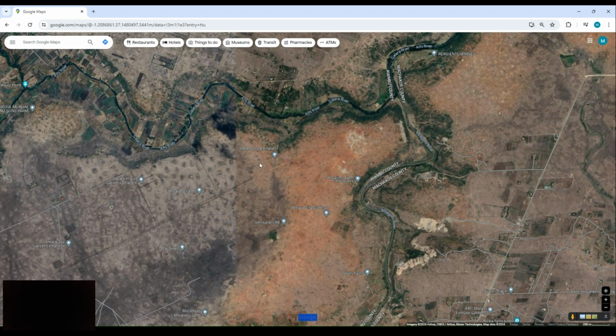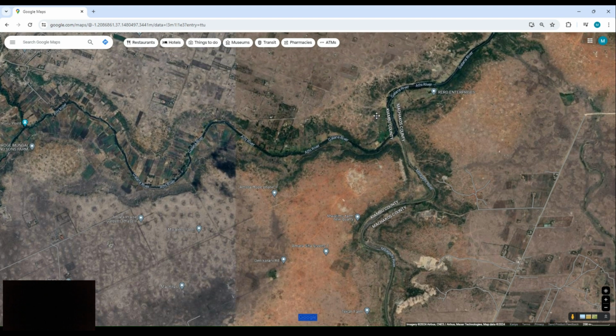And from there, you actually see where it joins with Athi River. Yeah, right. So one side is Machakos County, and the other side is Kiambu County. And as they flow down, it now becomes Galana River.